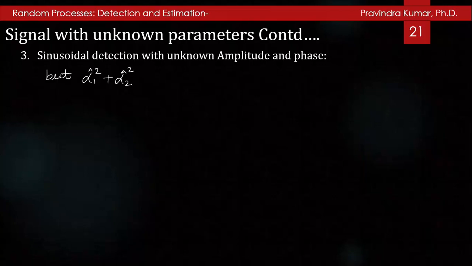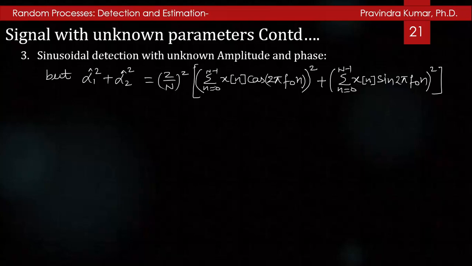But alpha 1 cap square plus alpha 2 cap square is (2 by N) whole square into the square of summation n=0 to N minus 1 x[n] cos 2 pi f0 n plus the square of summation n=0 to N minus 1 x[n] sin 2 pi f0 n.